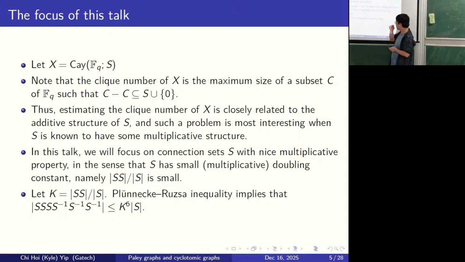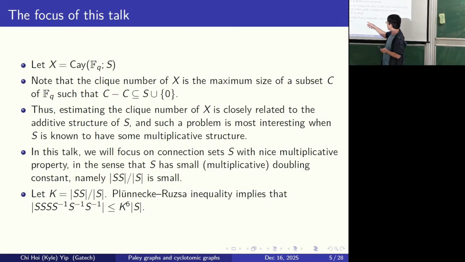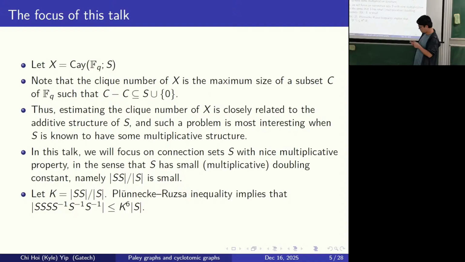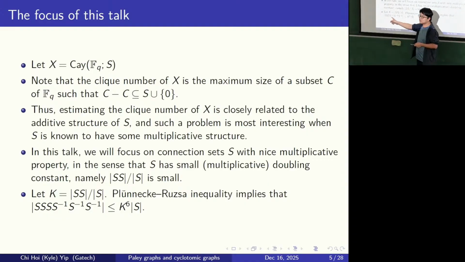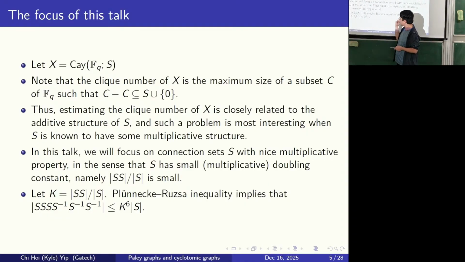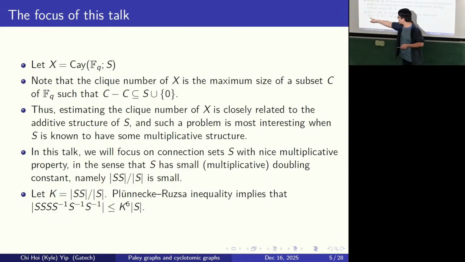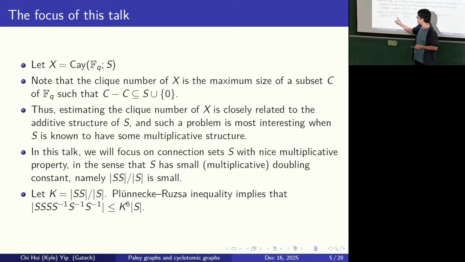One particular case is the so-called famous Plünnecke-Ruzsa inequality, which says that once we have control on the doubling constant, we can essentially control all kinds of product set. For example, you can consider this set, which would appear in the later slides: S times S times S times S inverse, S inverse, S inverse.